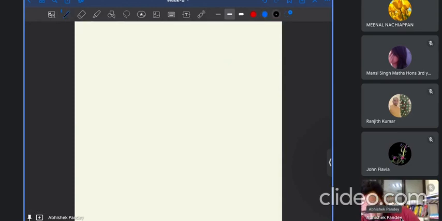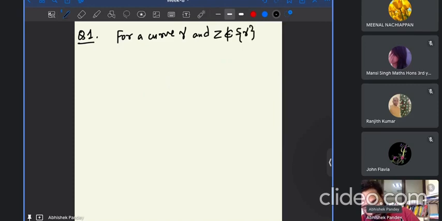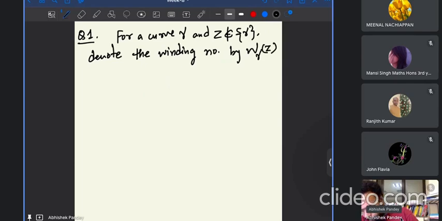Question one. For a curve gamma, and let z not belong to gamma, denote the winding number by W gamma of z.